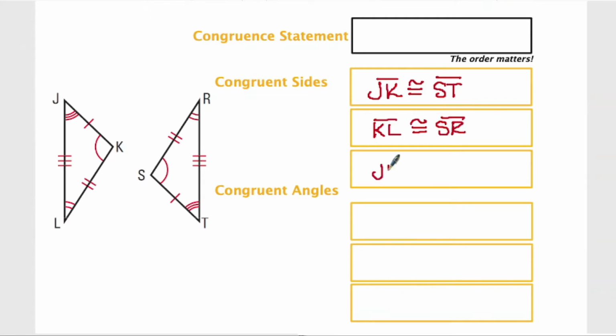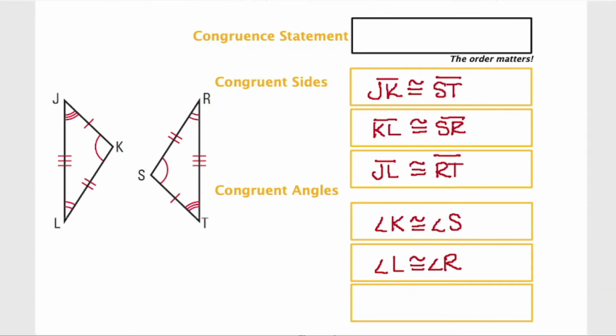Triple tick: JL is marked congruent to RT with a triple tick. And then our angles: single swoop, angle K is congruent to angle S with a single swoop. Double swoops, angle L congruent to angle R. And then triple swoops, angle J congruent to angle T.